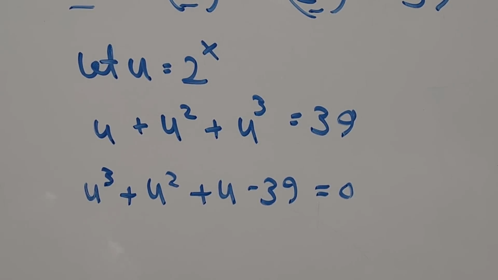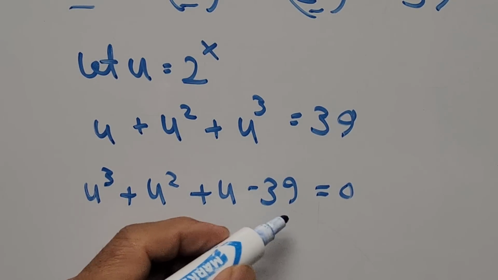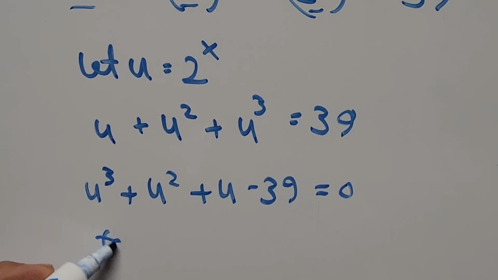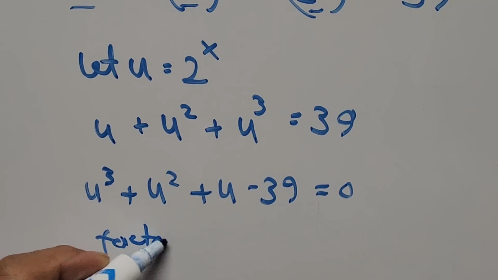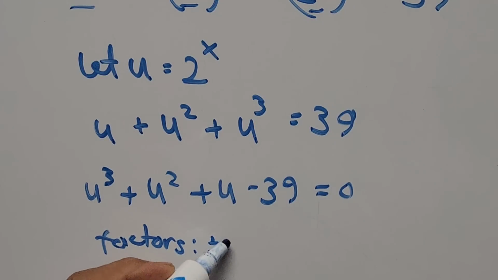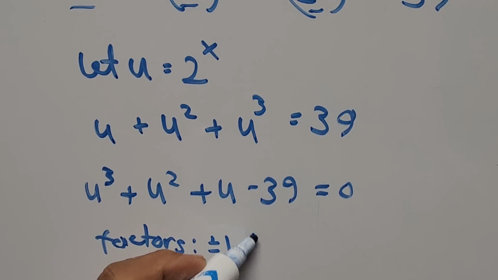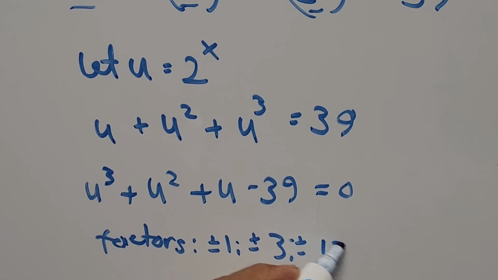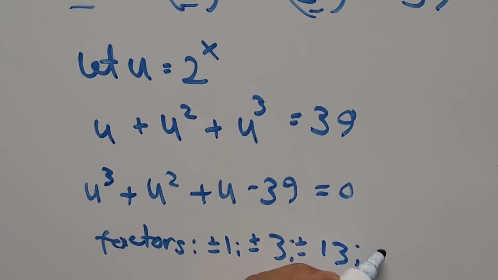So here we're trying to find the factors of negative 39. So how do we do that? How do we find the factors? So let's write over here, the factors of negative 39 will be plus or minus 1, plus or minus 3, plus or minus 13, plus or minus 39.